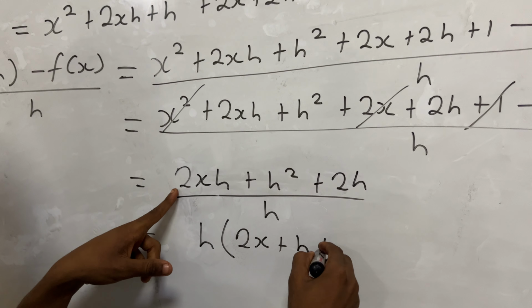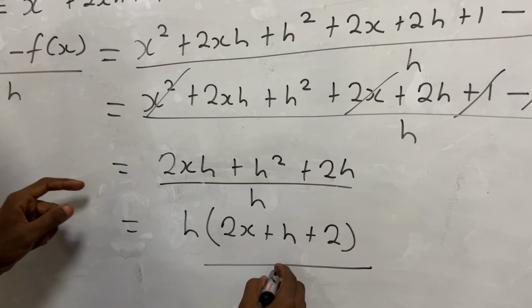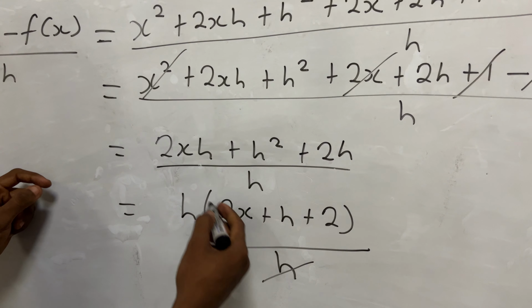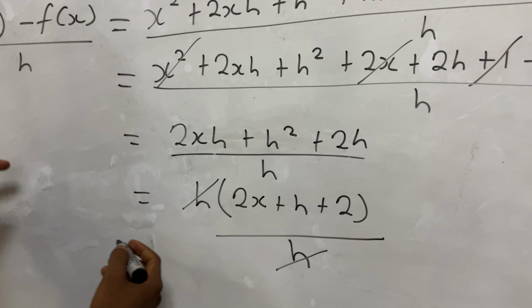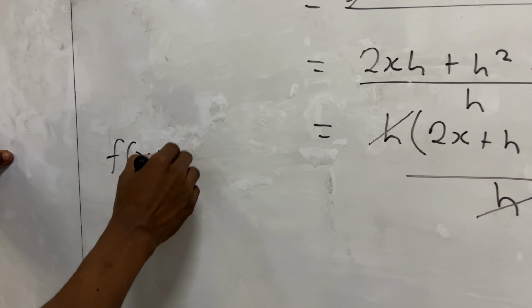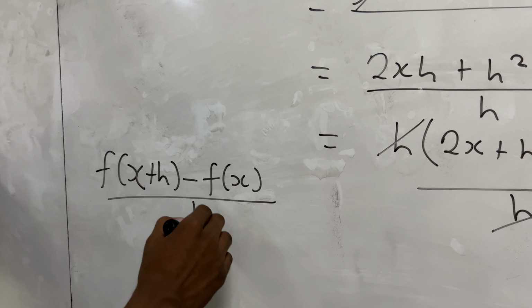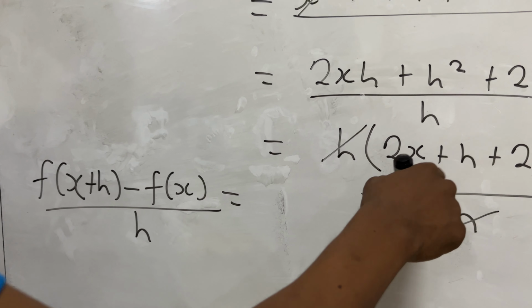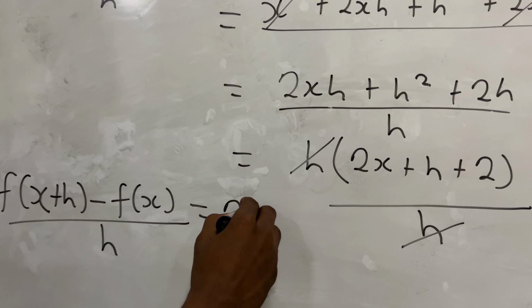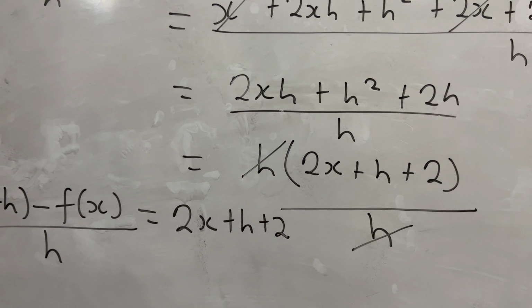Then plus 2 all over my denominator h. Clearly, h will cancel h. So therefore, my f of bracket x plus h minus my f of x all over h is giving me a simplified answer of 2x plus h plus 2.